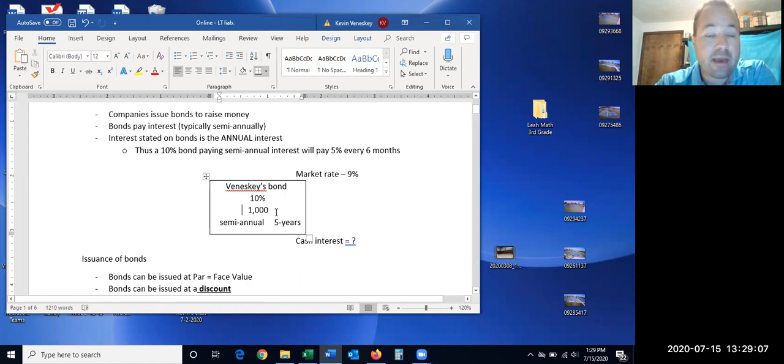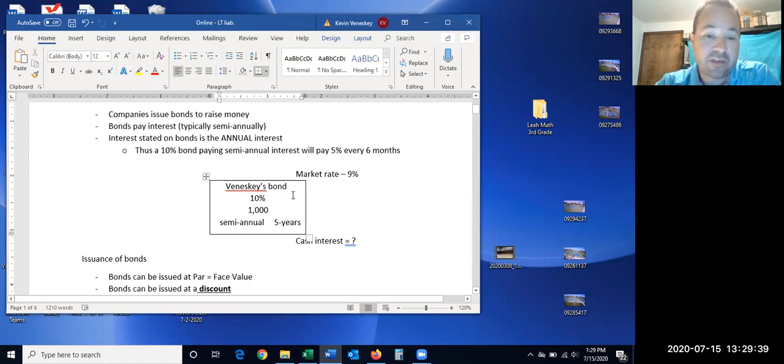So when they buy, or when I pay them back, I'm going to be paying them back $1,000. And at the bottom, I always put how often I'm paying interest, and then how long the bond is good for, meaning I have to pay it back, if I'm the one issuing the bond, in 5 years. So if I pay semi-annual interest, I'm going to be paying interest 10 times, because twice every year for 5 years.